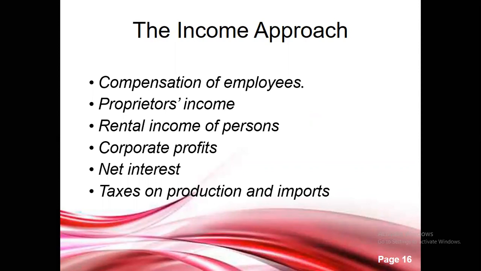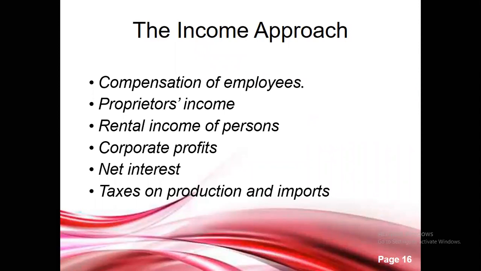What is compensation of employees? Compensation of employees is the income of workers, like their salaries, wages, etc. Property rights income is the income of non-incorporated self-employed, like farmers' tractors or a dentist's x-ray machine.